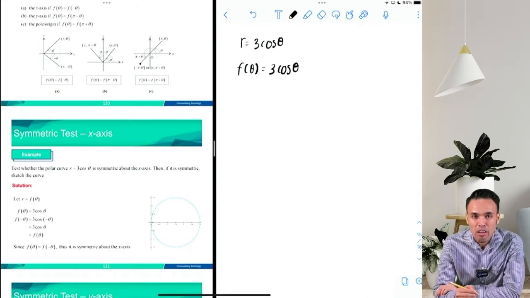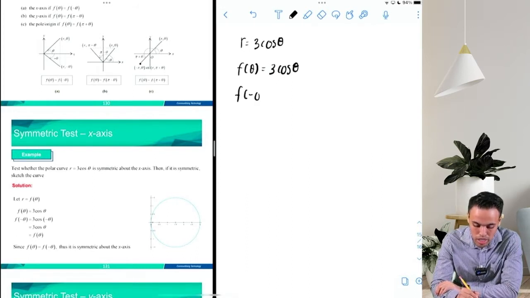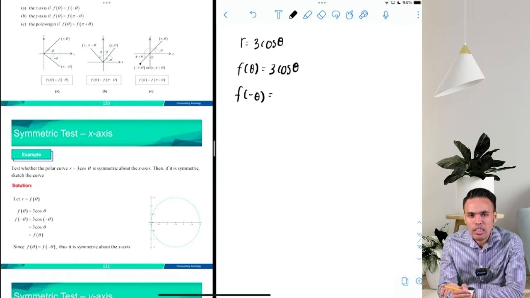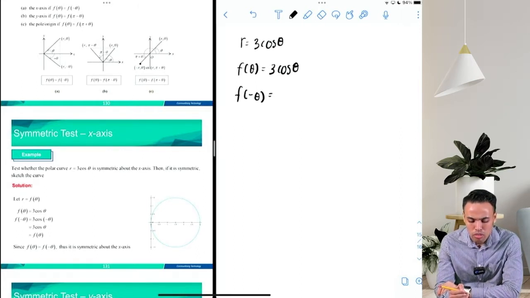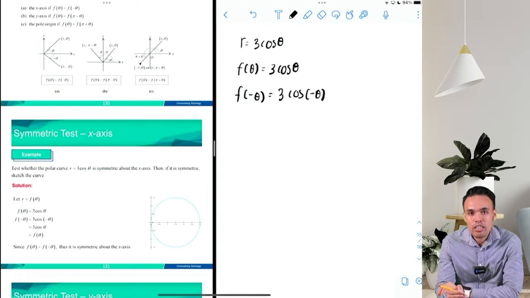Then you have to find f negative theta. In this case, you change the original expression from 3 cosine theta to 3 cosine negative theta.